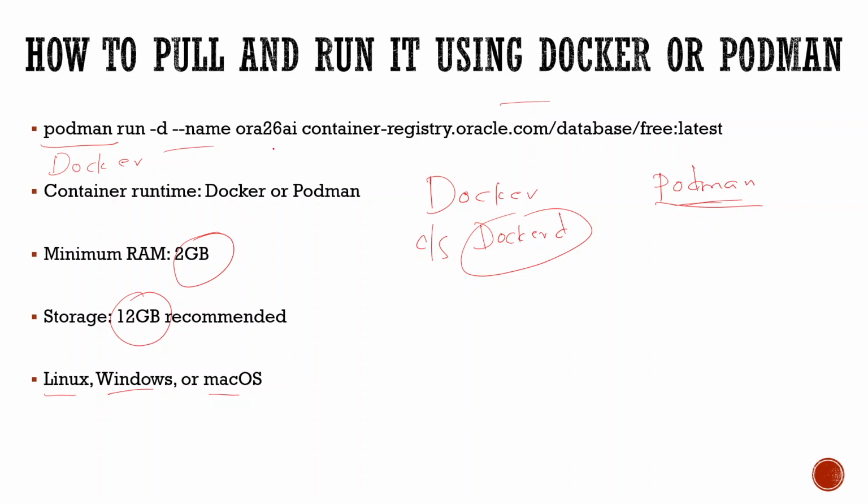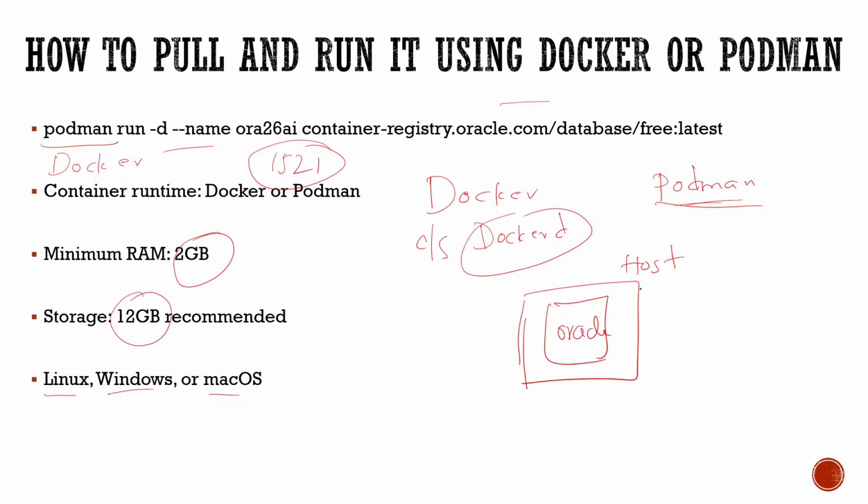This command will also install the container database, but there is a slight disadvantage with respect to this. The reason is that port 1521 will be assigned only to the container, and not to the host. Let's say this is your host and this is your Oracle container.